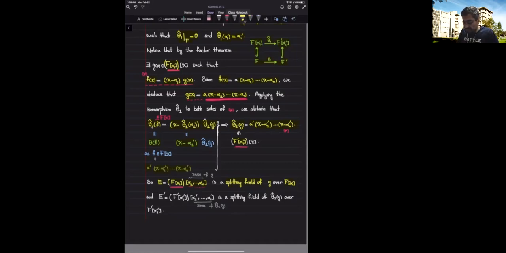But what do I get really? I get F prime adjoined with alpha 1 prime. Then I add the other zeros. So altogether, it's like adding alpha 1 prime, alpha 2 prime, up to alpha n prime to F prime, which means I'm getting back E prime. So E prime is a splitting field of theta 1 hat of g over the base field F prime(alpha 1 prime).